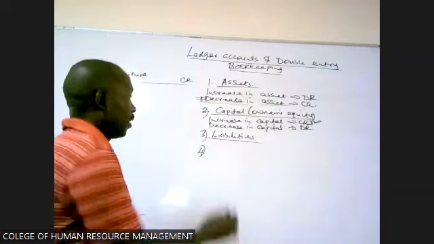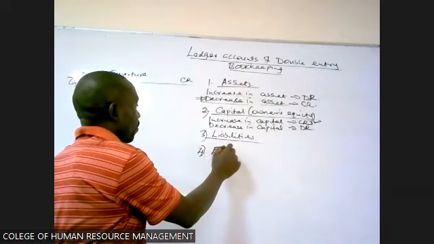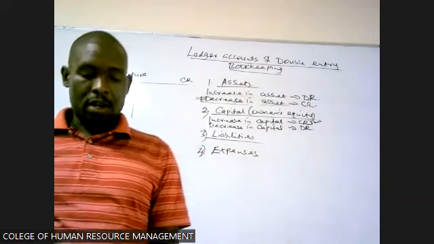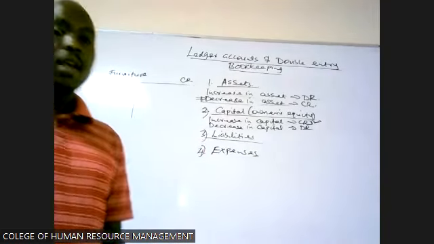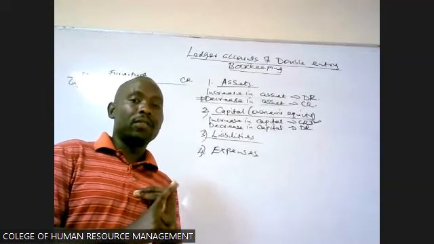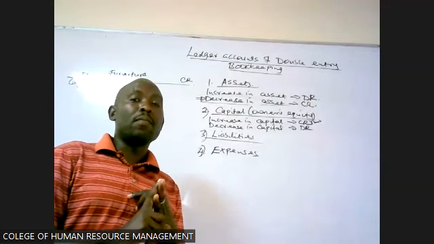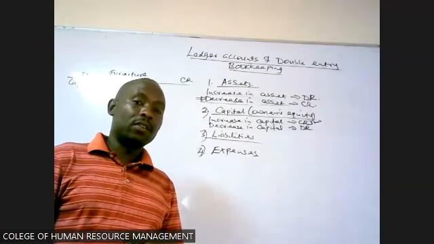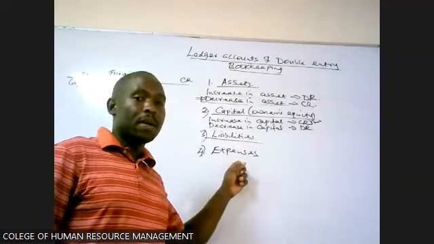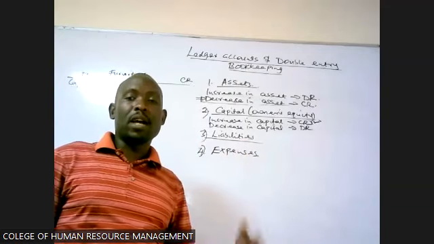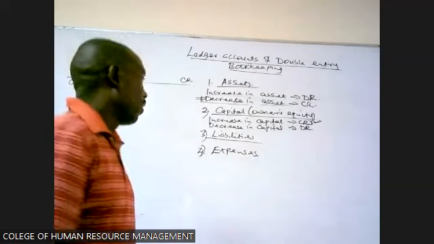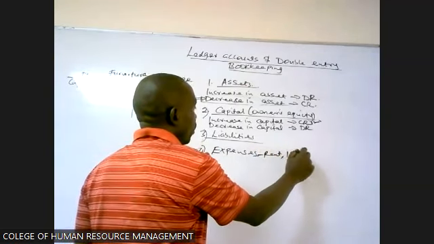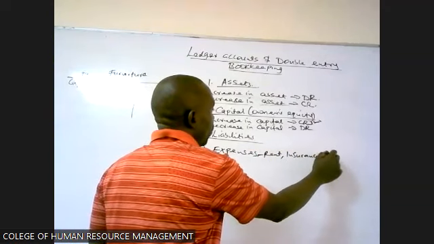I was talking about item number 4, known as expenses. These are the costs of running the business, apart from the cost of inventory and the cost that you incur in buying fixed assets. The cost of fixed assets and inventory are not expenses, but all the other costs incurred in the process of running the business include rent, insurance, salaries and wages.